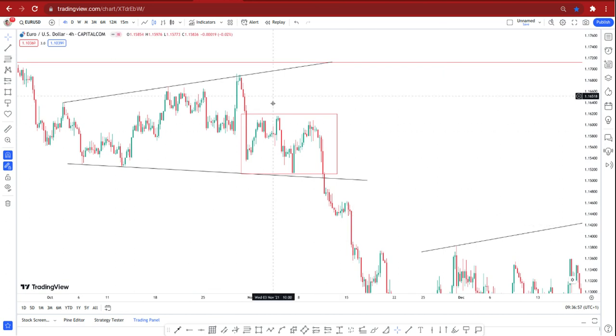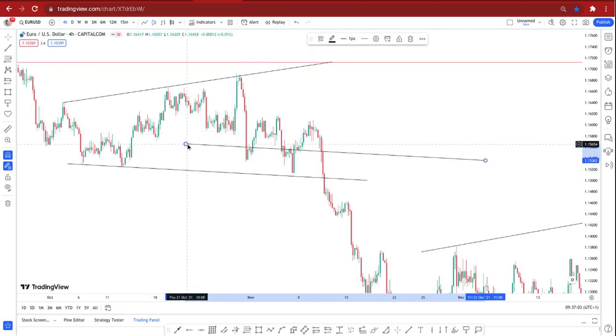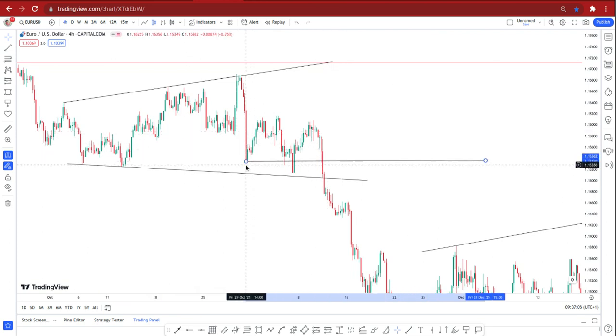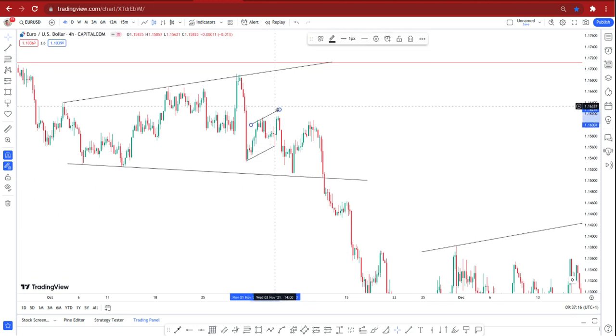So if I'm to use this, inside of this will be my first entry here. Then these two.